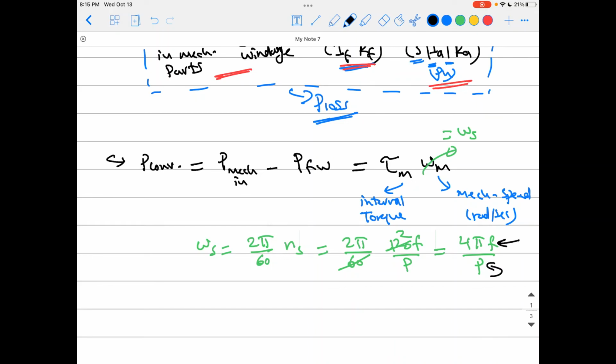That's it. So that's how you can calculate the converted or developed power here.